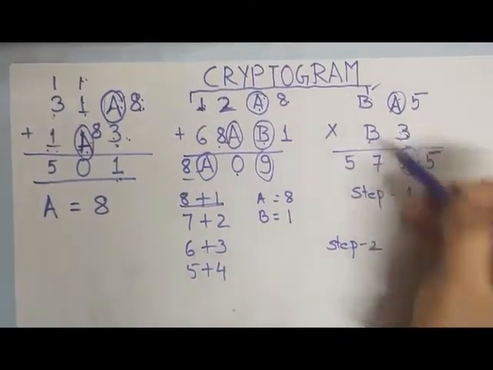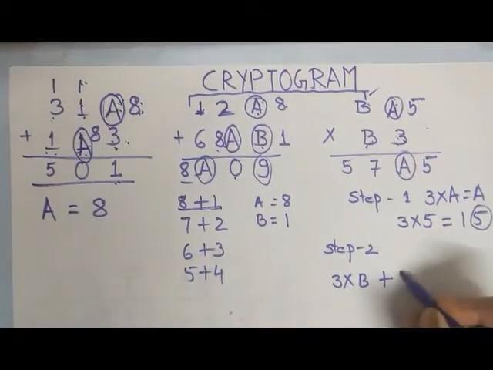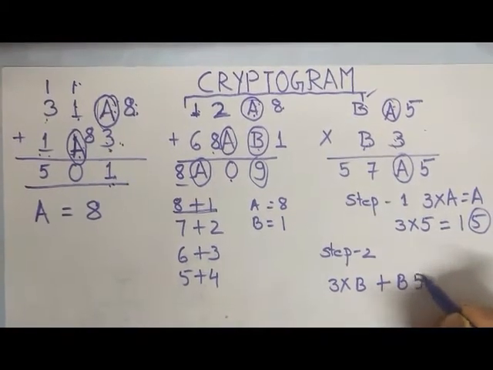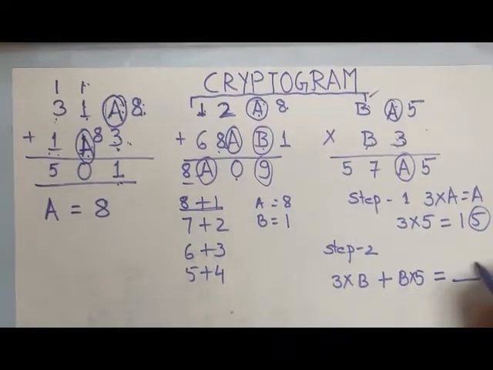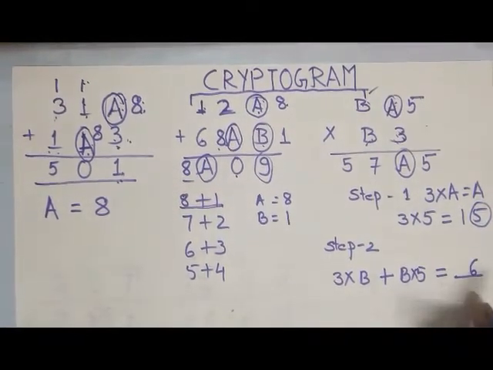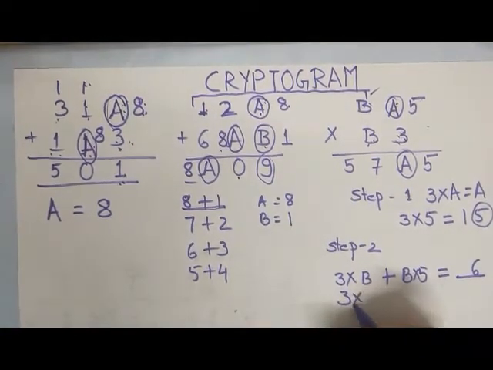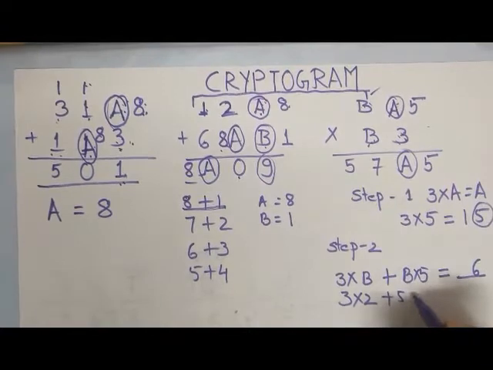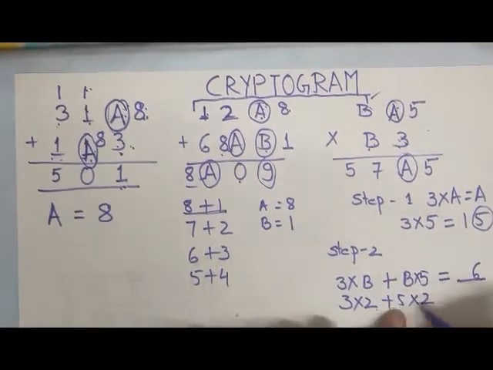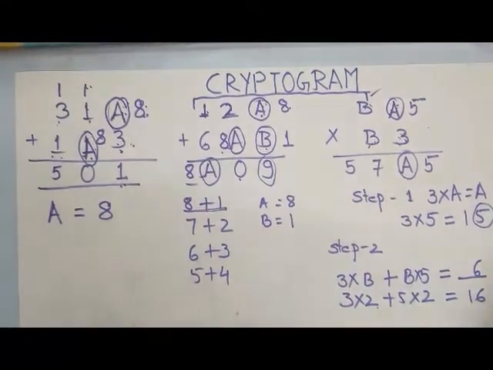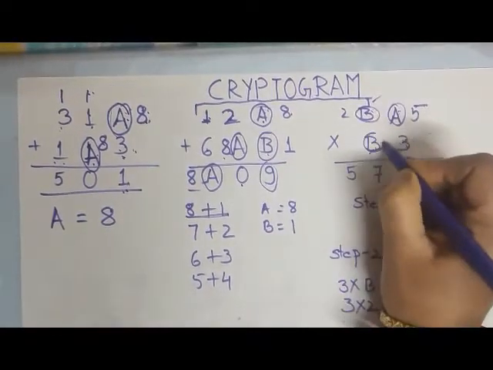It means 3 into B plus 5 into B should be equal to a number whose last digit is 6. So we will consider it from 16 only. We will have 3 into 2 plus 5 into 2. That will be 3 twos are 6 plus 10. It is 16. We can consider B as 2.